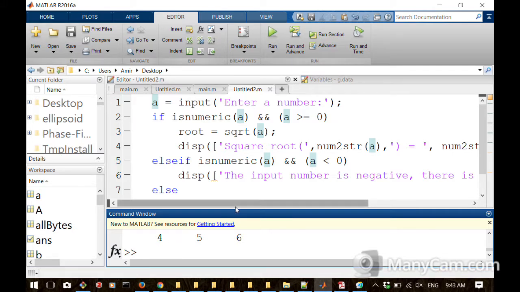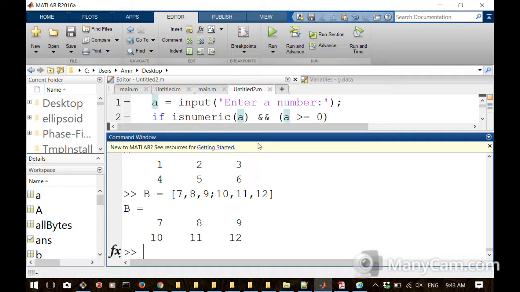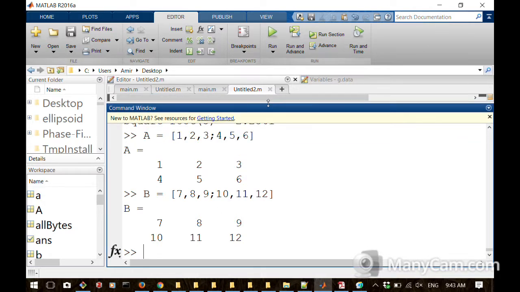And B, let's make it equal to 7, 8, 9, 10, 11, 12. So we've got two matrices now. The question is to compare the sizes of these two matrices, and then combine them. Concatenate them horizontally or vertically as needed.